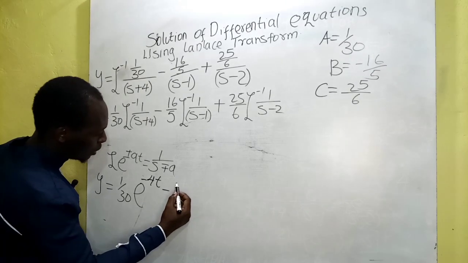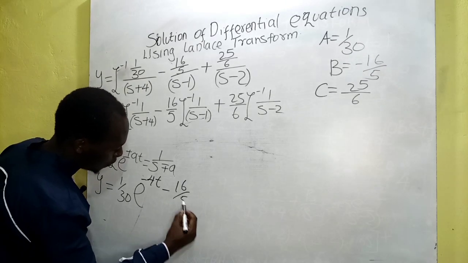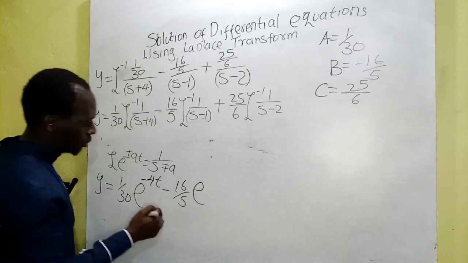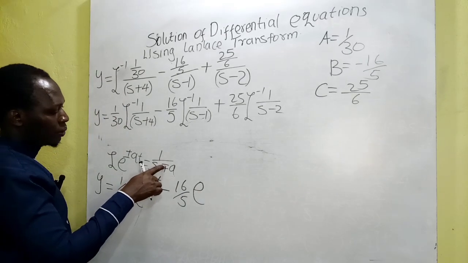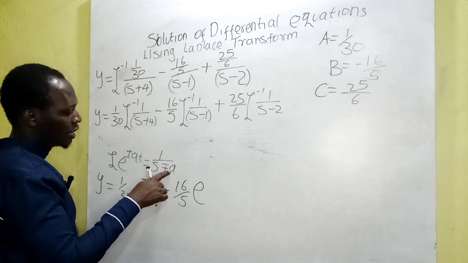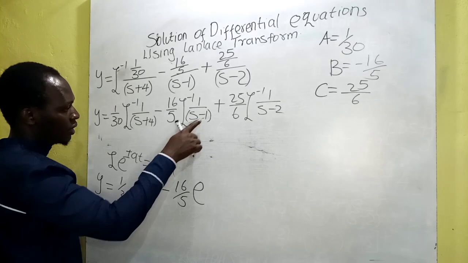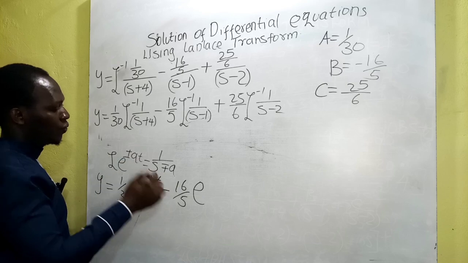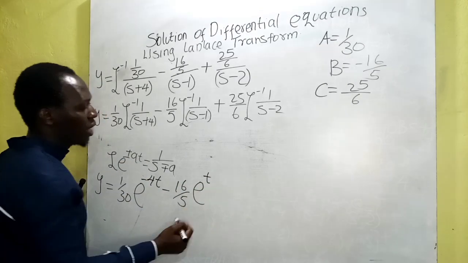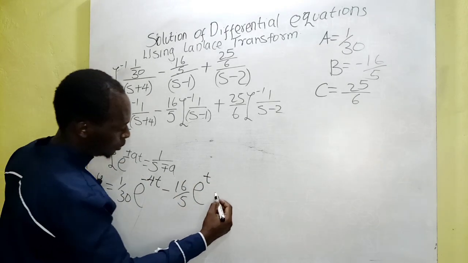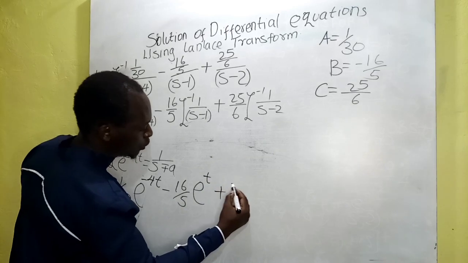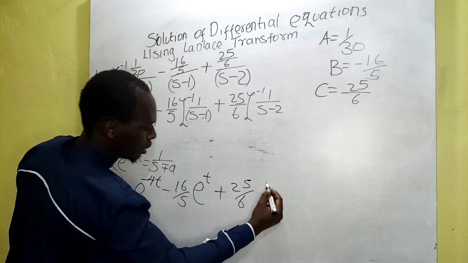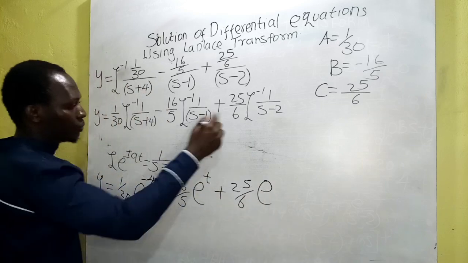We come and subtract 16 all over 5 exponential. We are having now negative of a, here negative 1. To mean that here now we are going to take a positive of a, and now we will be having 1t, which is equal to t. We come and add 25 all over 6 exponential.